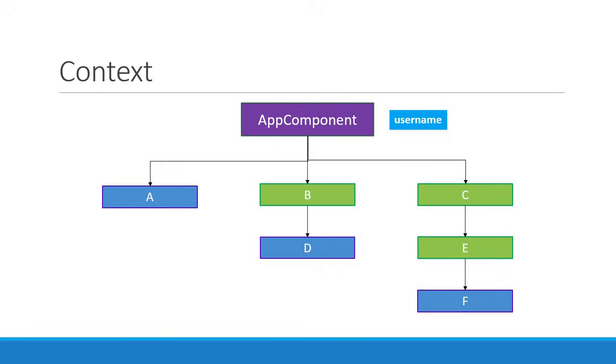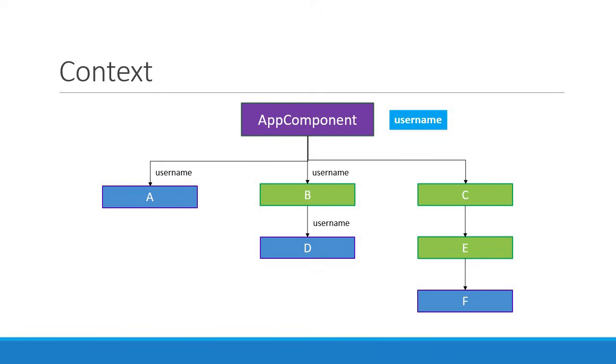For component A, it is pretty straightforward. Directly pass it as props. For component D, however, we have the intermediate component B. So we have to pass down username as a prop to component B, and that in turn has to pass down the prop to component D.